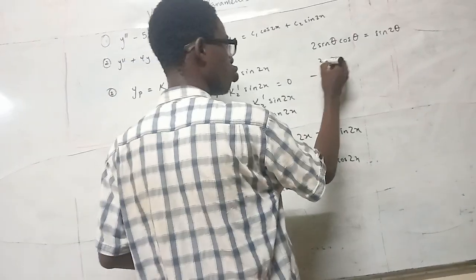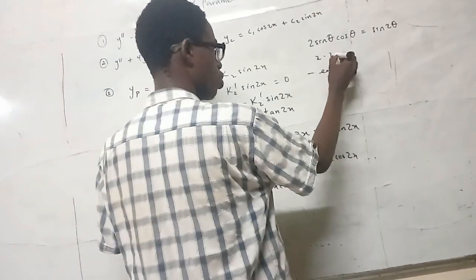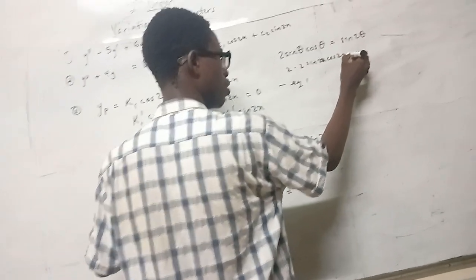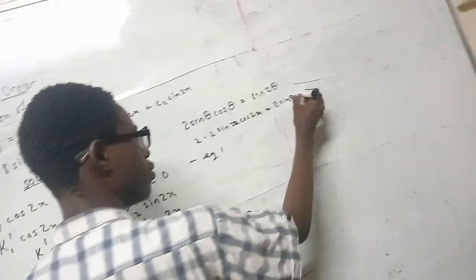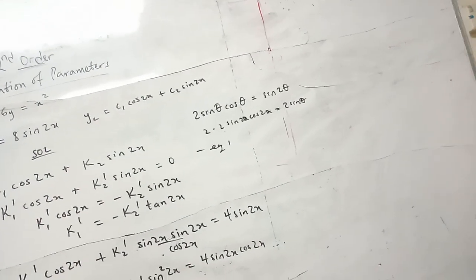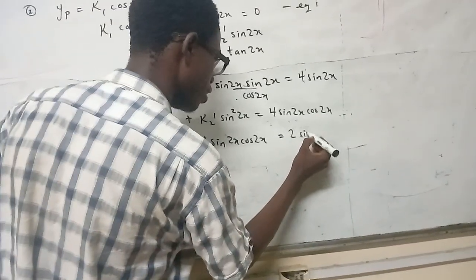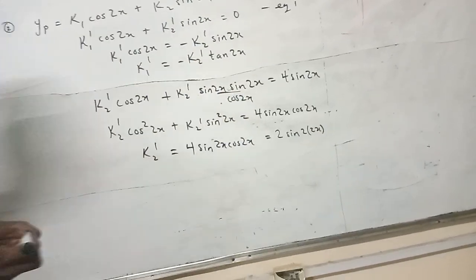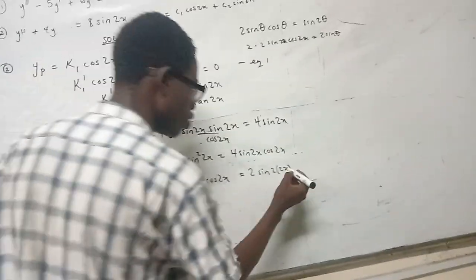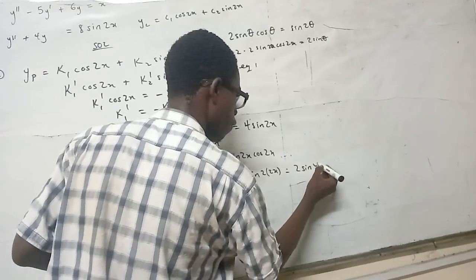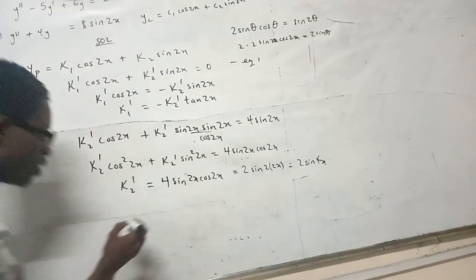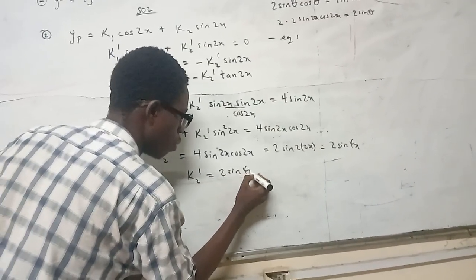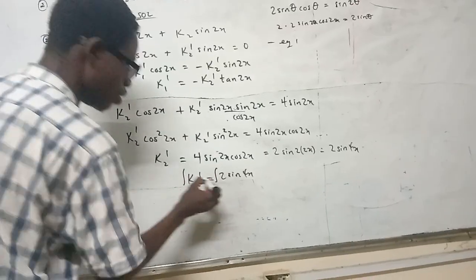So I can basically say 2 times 2 sine 2x cos 2x equals 2 sine theta, which means this is the same thing as 2 sine 2 into bracket 2x, which is equal to 2 sine 4x. So k2 prime equals 2 sine 4x. So I'm integrating both sides to get my k1.